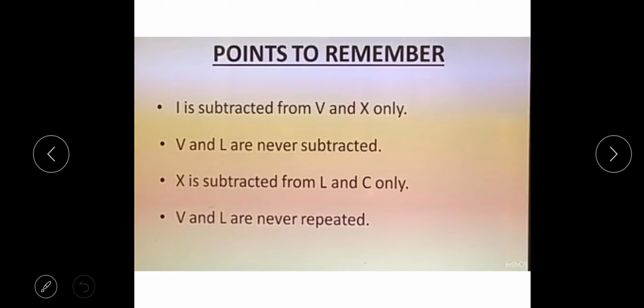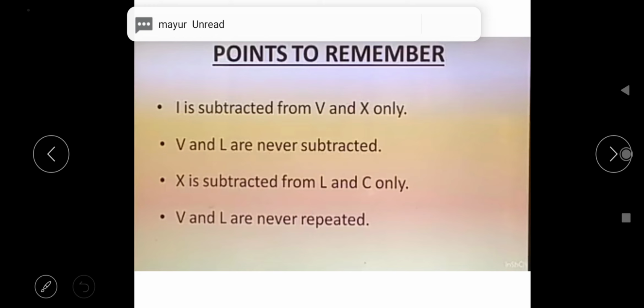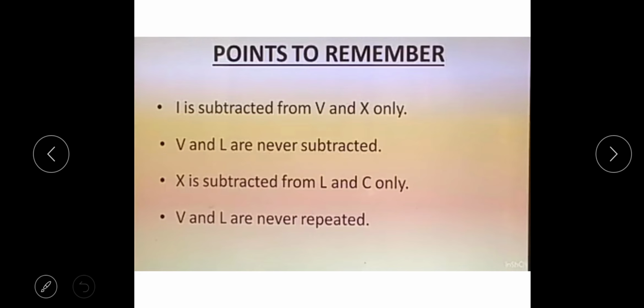I is subtracted from V and X only. V and L are never subtracted, as you have seen, and X is subtracted from L and C only, and V and L are never repeated.